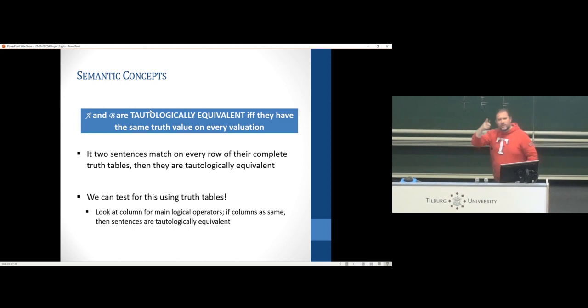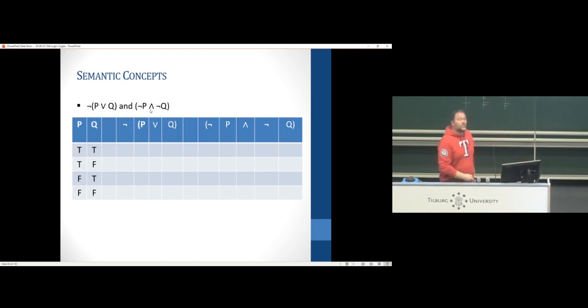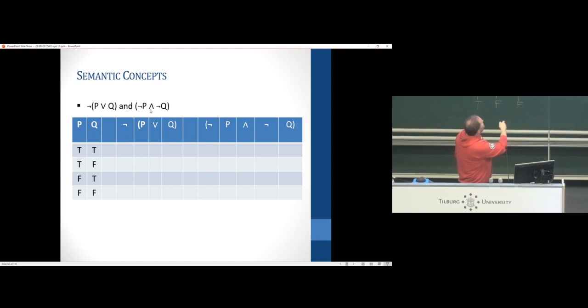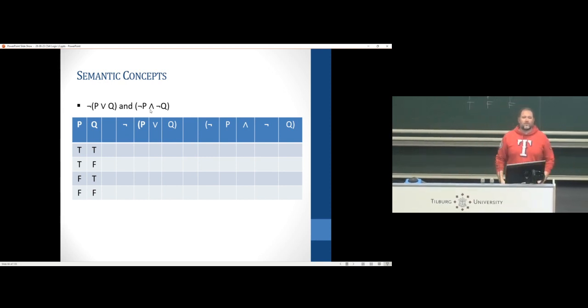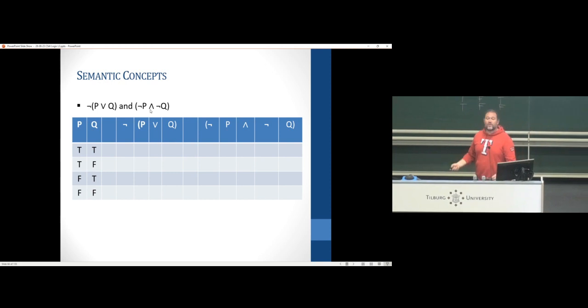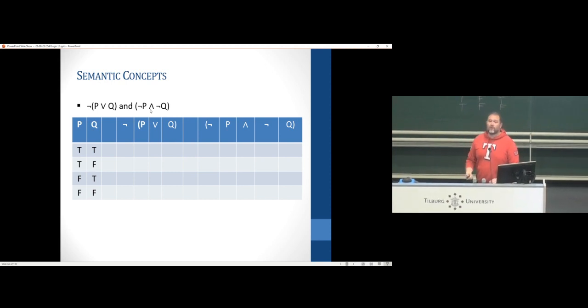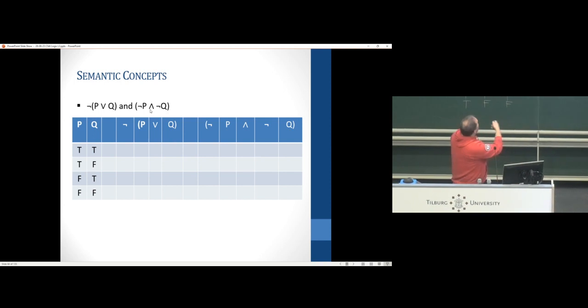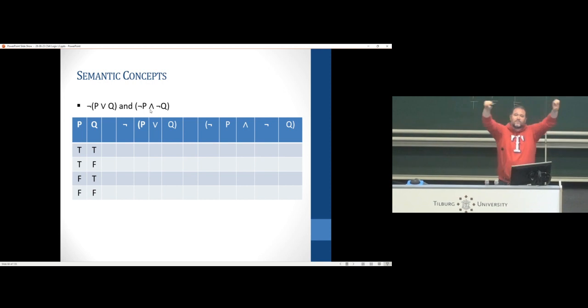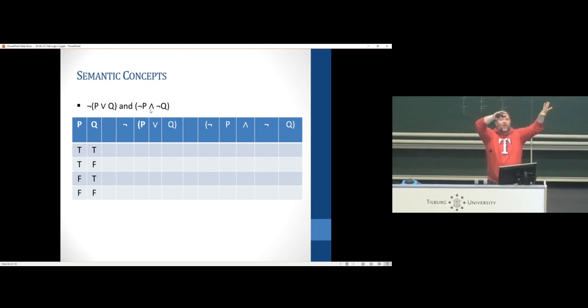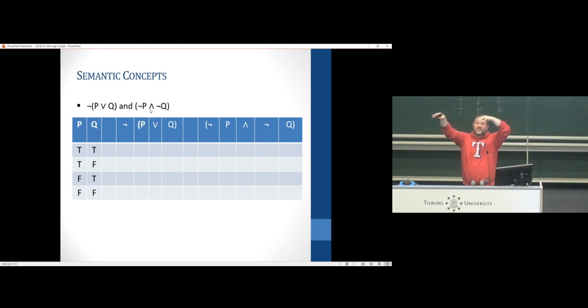So I'll give you an example. It'll make it easier. So here's one. We're going to show that these two are tautologically equivalent. We've talked about neither nor. Here are two ways to symbolize neither nor. We want to show that they're, from TFL's perspective, the same sentence. So here's how we do it. We can write our two sentences all along the same line. We pull out all the atoms from all of the sentences taken together.